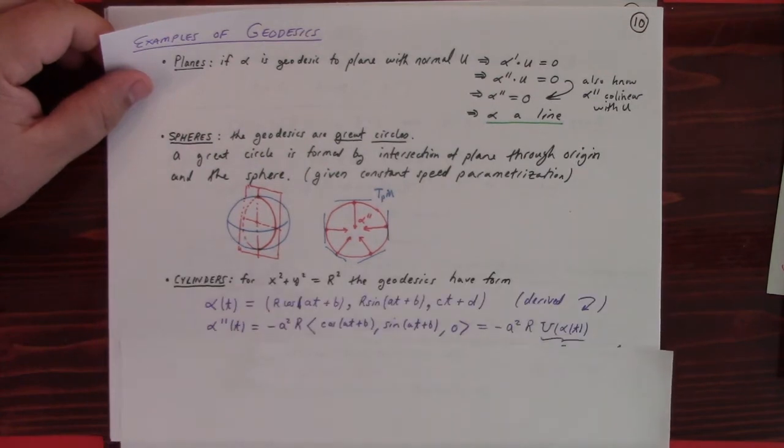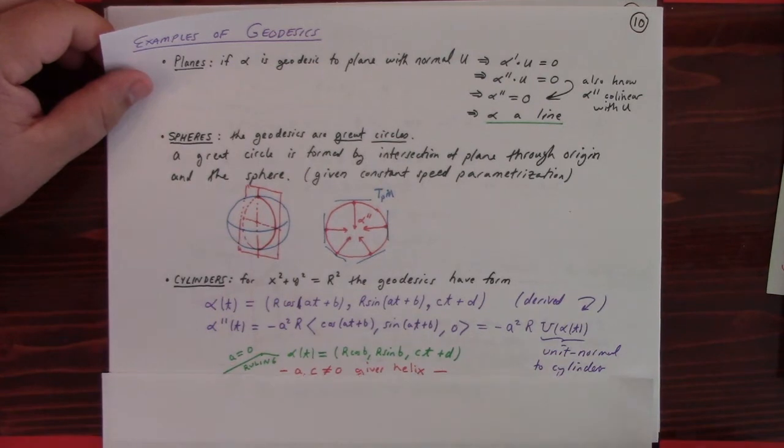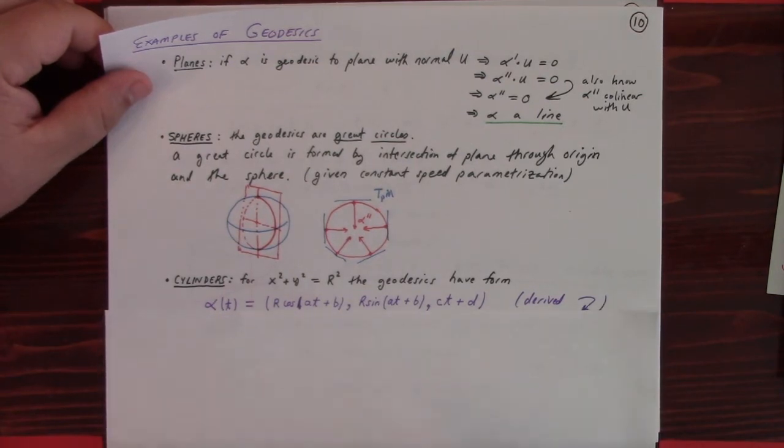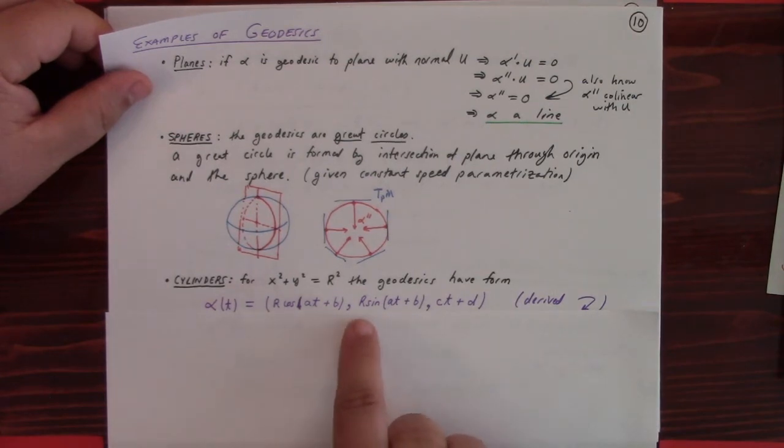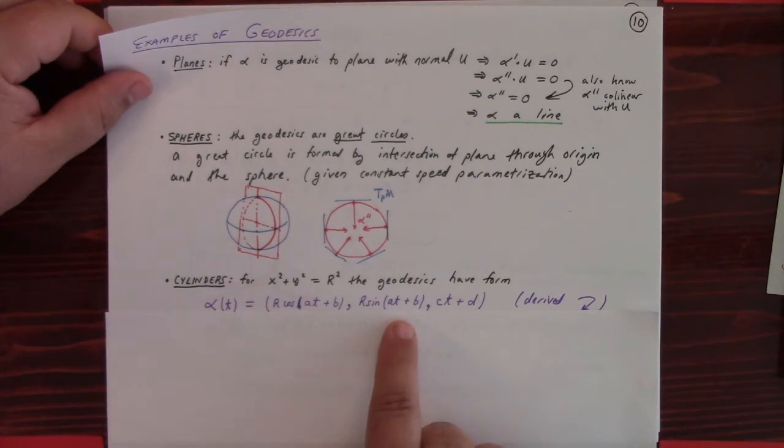For a cylinder, the geodesics have the form alpha of t is r cosine of at plus b, r sine of at plus b, and then ct plus d. Here a, b, c, and d are constants. So some special cases: if we just put a to be 0, then we'll get r cosine b, r sine b. That gives you a particular point in xy.